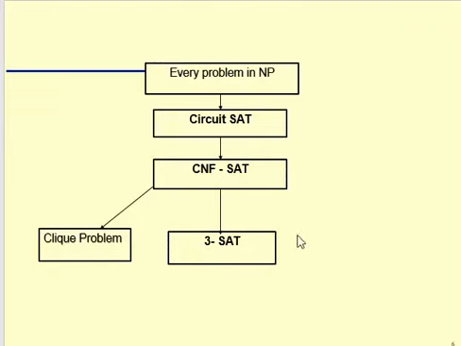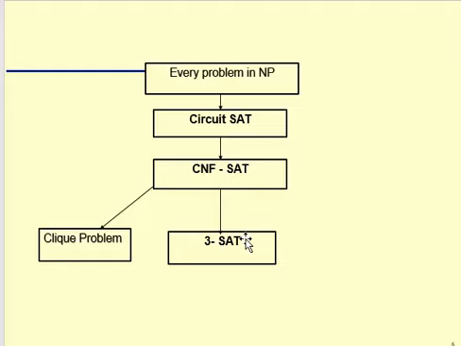Okay, so till now we have proved all these things. Every problem in NP is polynomial time reducible to circuit SAT. This we did with the help of Cook's theorem. Next, circuit SAT is reducible to CNF SAT in polynomial time. And next, CNF SAT is reducible to 3 SAT in polynomial time.